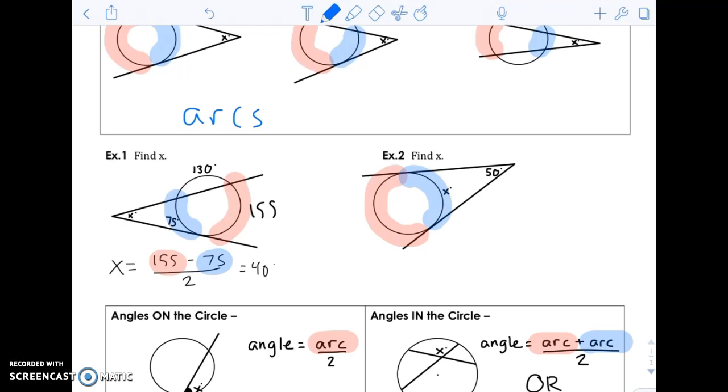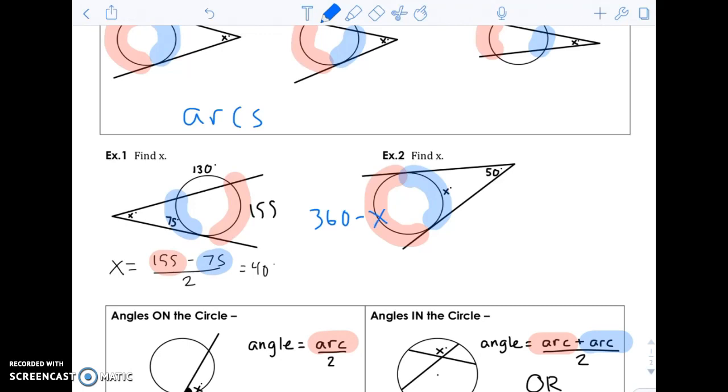So if, for example, this blue arc were, let's say, 100 degrees, then I know that the red arc would have to be 260 degrees, because the red arc would be 360 minus whatever that blue arc is. So I'm going to write the red arc in terms of x. I know that the red arc will be 360 degrees minus x, minus that blue arc.